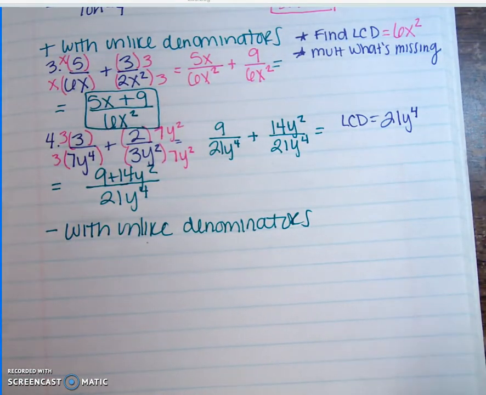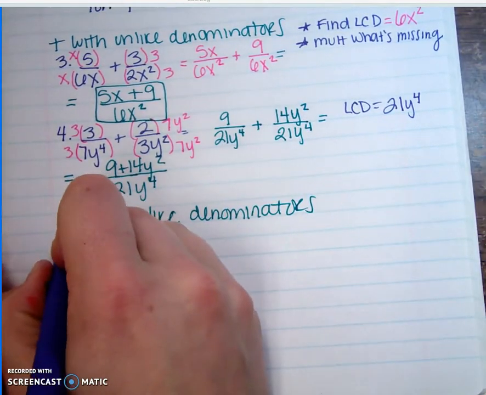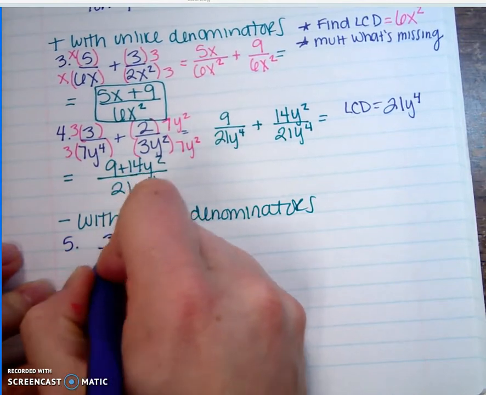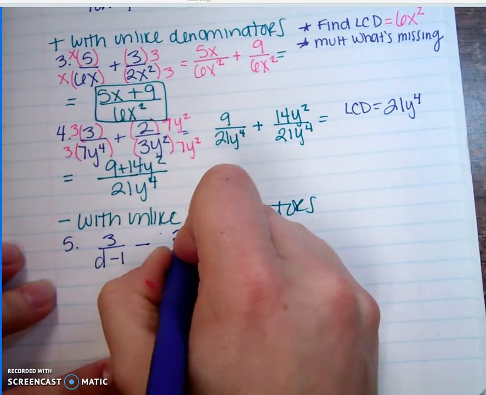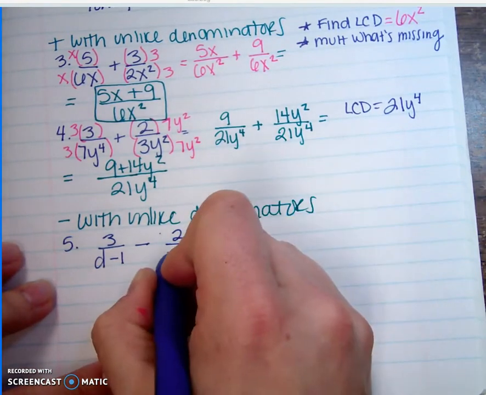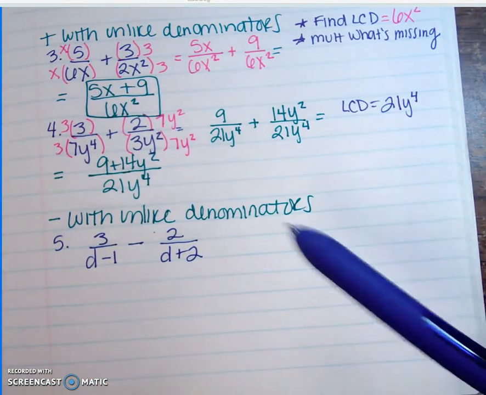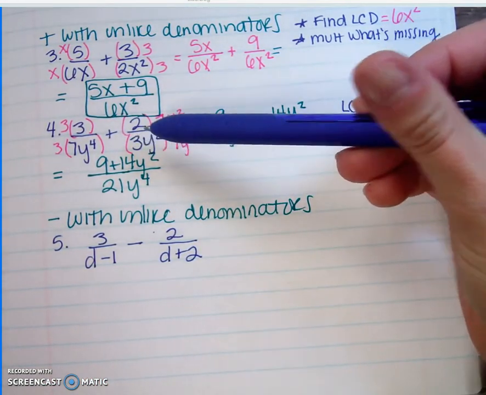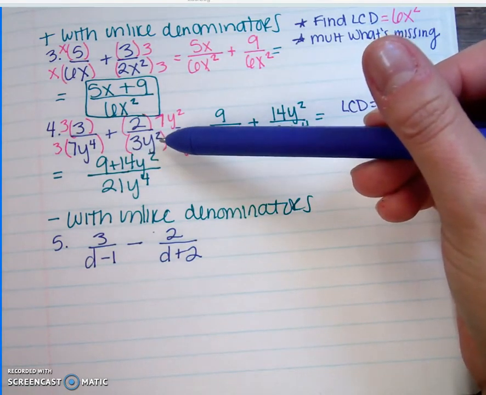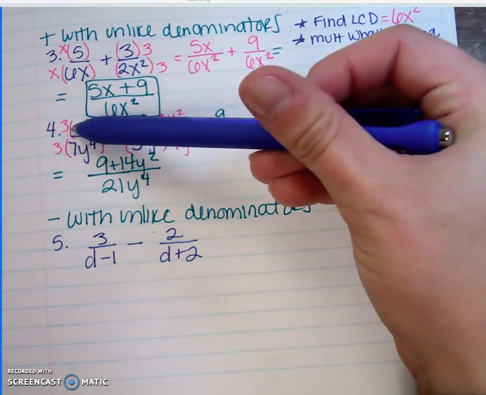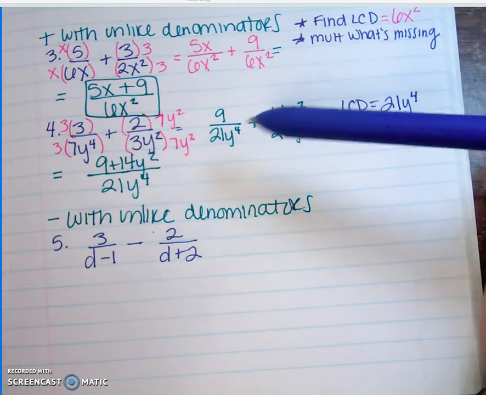All right, so I have, let's say, 3 over d minus 1 minus 2 over d plus 2. Now really and truly, if you were able to find those common denominators, you can do the same thing: multiply by what's missing like we did for the addition, and then subtract across the top. That is the same.